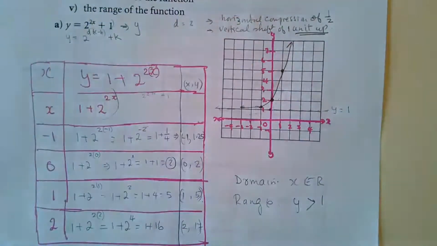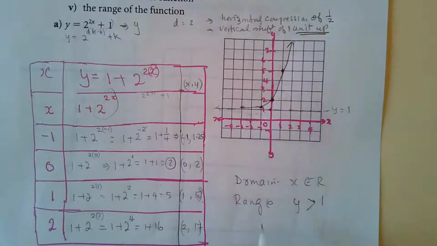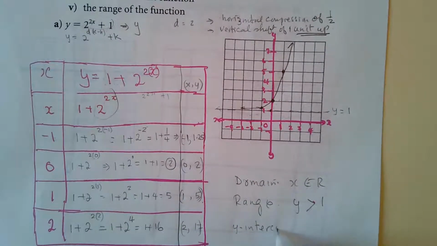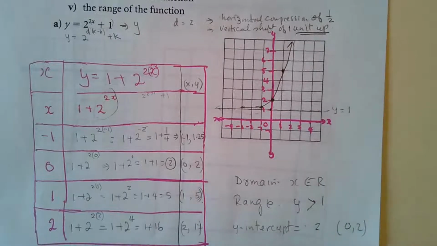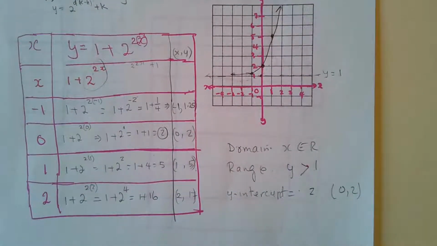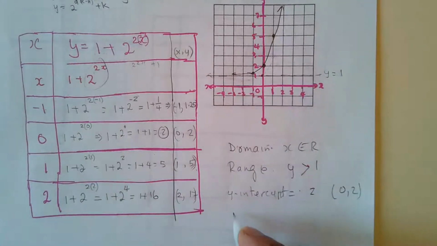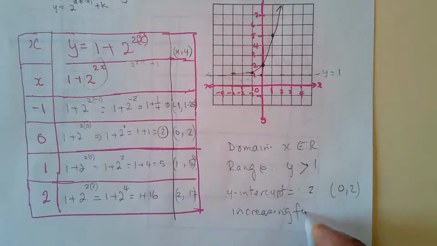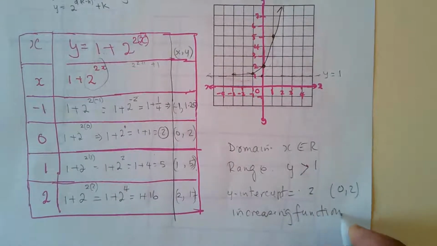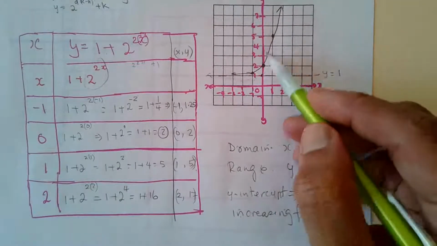The intercepts, we know it's here, 0, 2. The y-intercept is at 2, or we can say it's 0, 2. And the function is increasing, because as x increases, y increases.